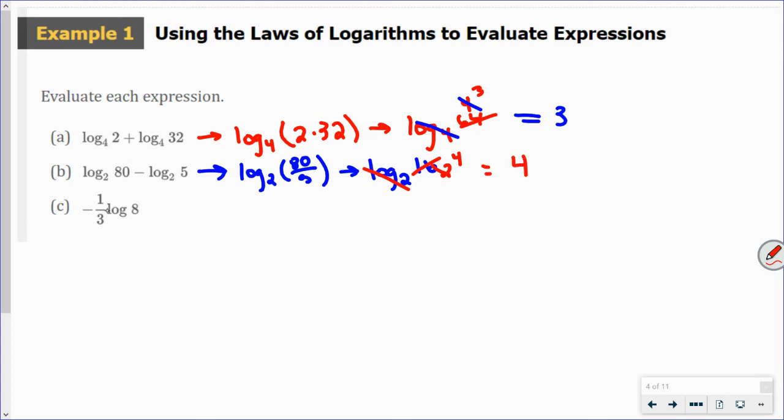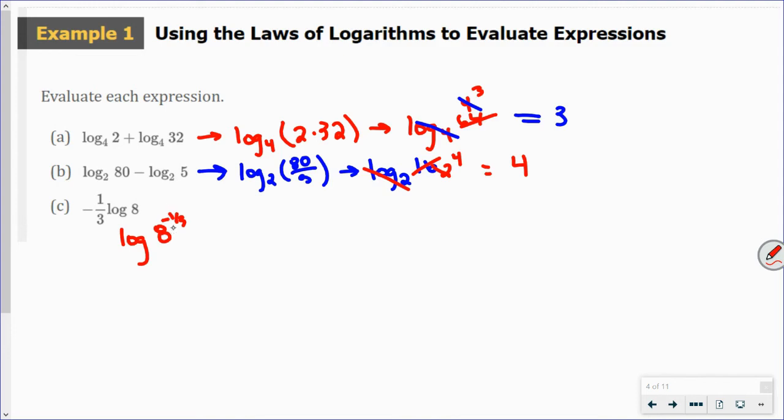Okay. Now this one, they give me a coefficient here out front. Remember, the coefficients can go to the exponent. So I have log of 8 to the negative 1/3. Okay, so we can rearrange this just a little bit.